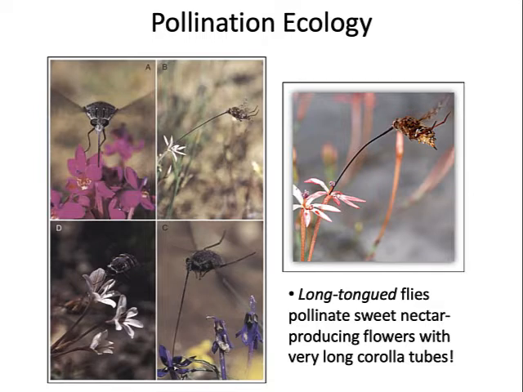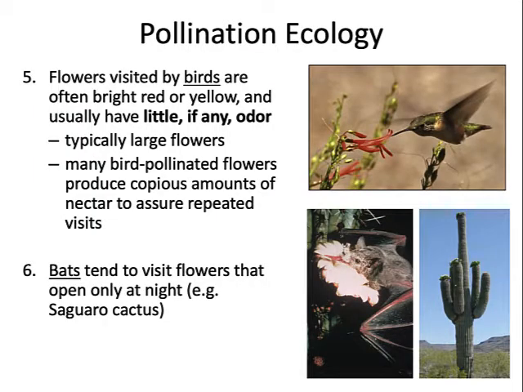Next up, we've got flowers that are visited by birds, and bird-pollinated flowers tend to be bright red or yellow, and they usually have little, if any, odor. And the reason for that is because birds can't smell. They don't have a very keen sense of smell. They have a great visual sense, though, so they're really going to be attracted to those bright red or bright yellow colors.